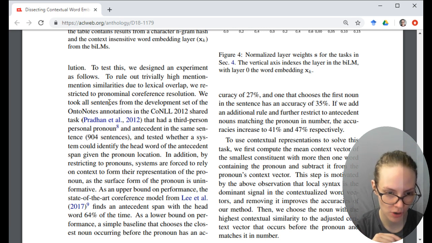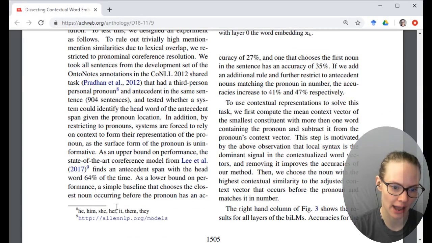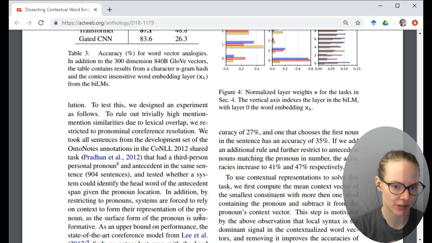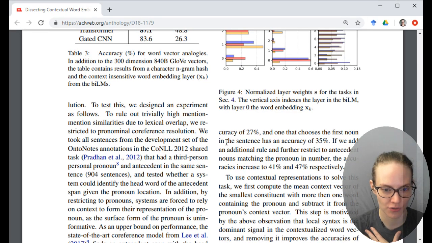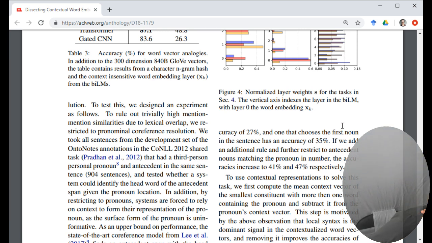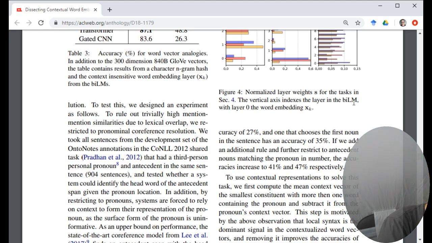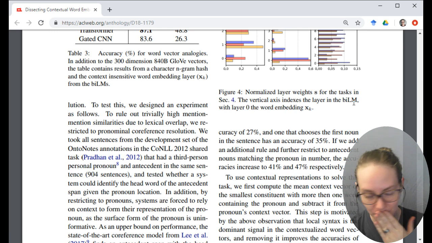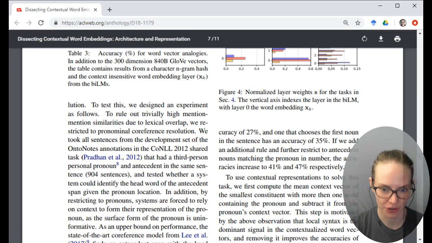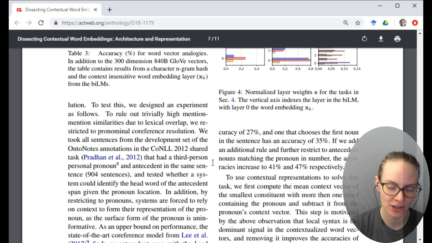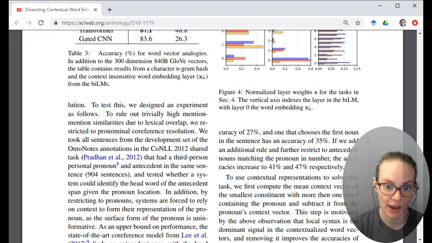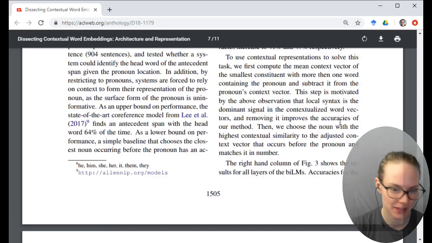As a lower bound on performance, a simple baseline that chooses the closest noun occurring before the pronoun has an accuracy of 27%, and one that chooses the first noun in the sentence has an accuracy of 35%. If we add an additional rule to further restrict the antecedent nouns to match the pronoun in number, the accuracy is raised to 41 and 47% respectively.